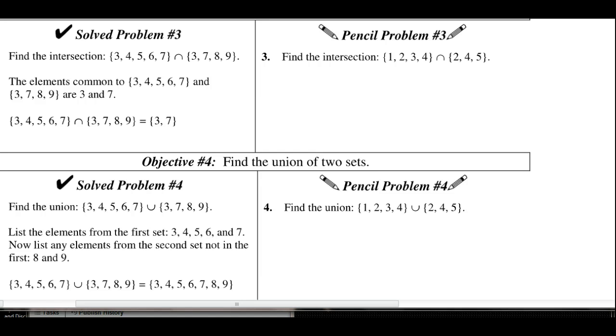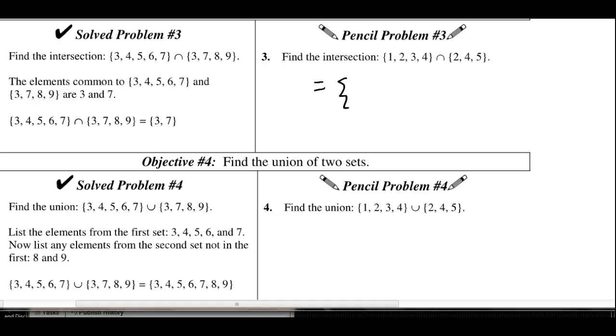Okay, so we want to make a new set, and we can just write it down with a curly brace. So what are the numbers that are in both sets? Well, the numbers 2 and 4 are common to both sets.